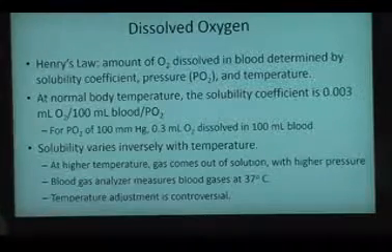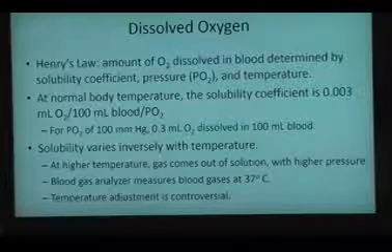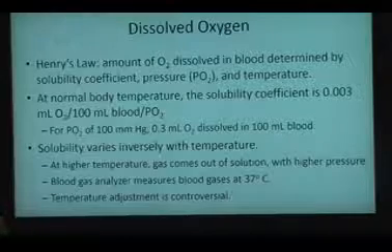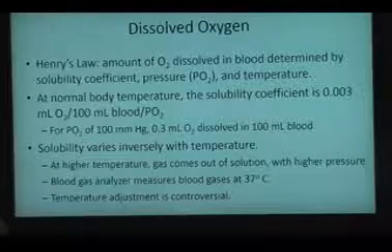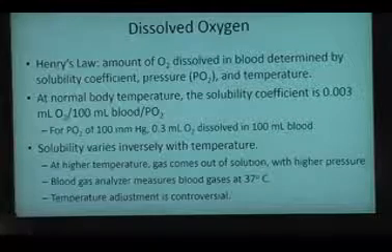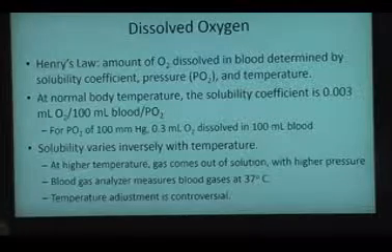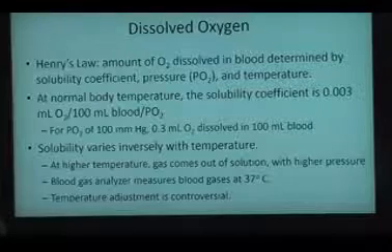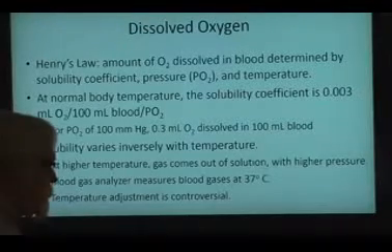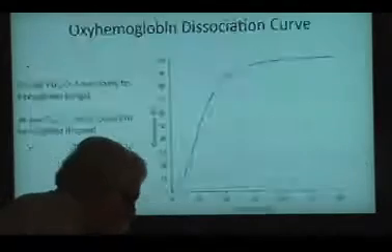I believe this was certainly the case a couple of years ago when I was here all the time. If the patient's temperature was written on the blood gas slip, then the lab would make the temperature adjustment and report the blood gases at the patient's body temperature rather than at 37. But it's actually controversial as to whether that should happen or not.